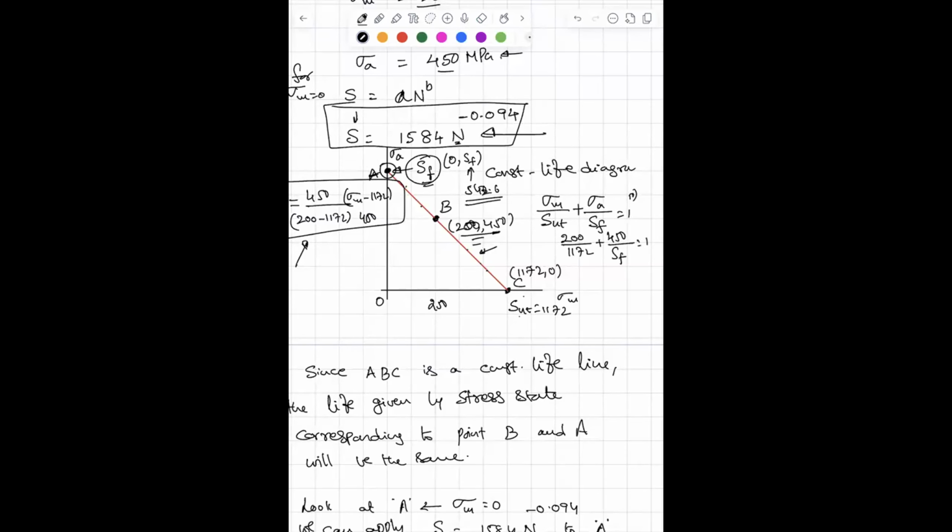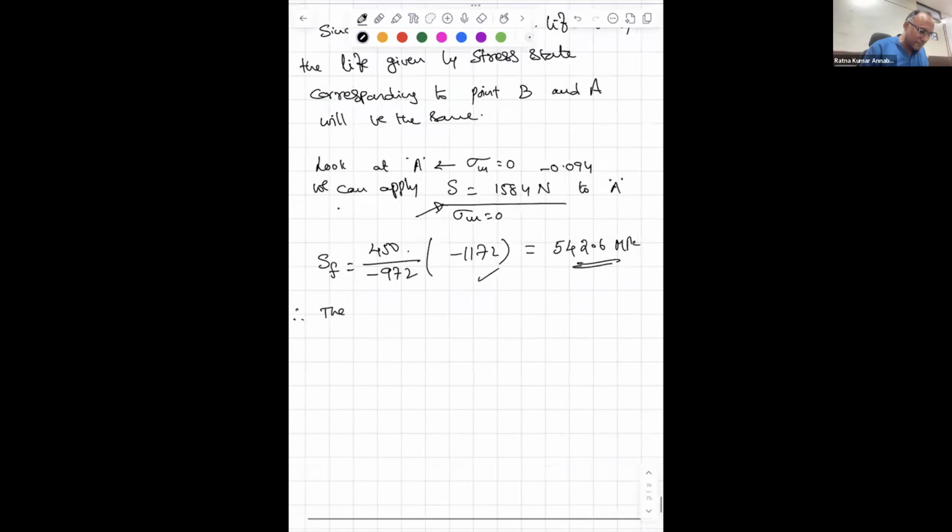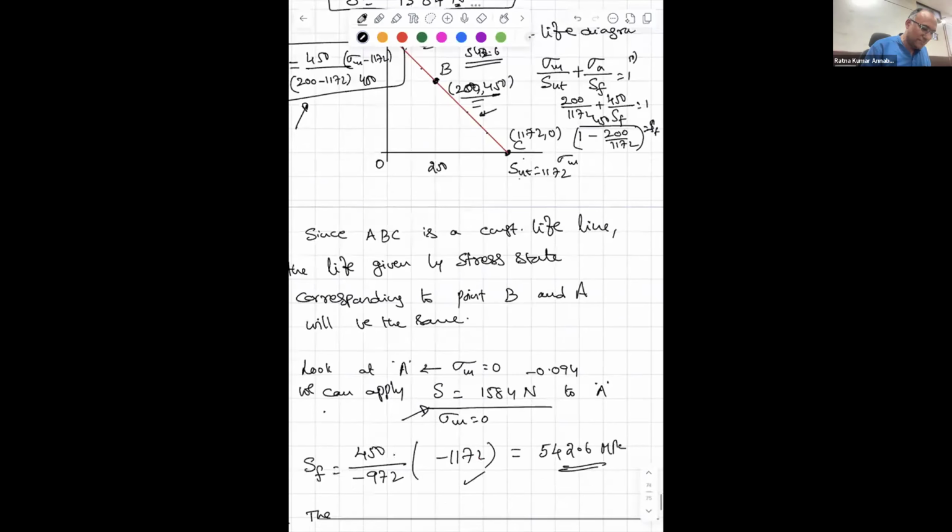Isn't it? So SF will be 450 divided by 1 minus 200 by 1172, isn't it? Yes, sir, that is exactly what it will be. Same numbers, sir. We got the same number.